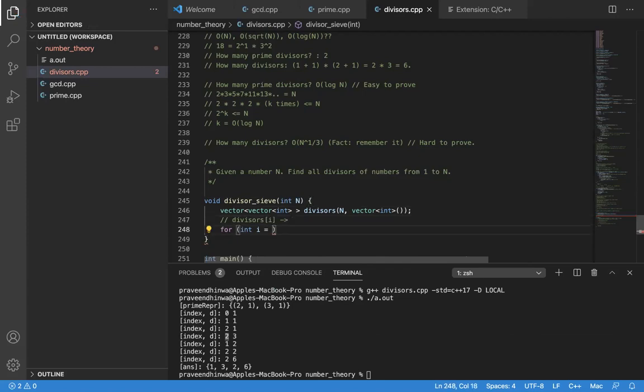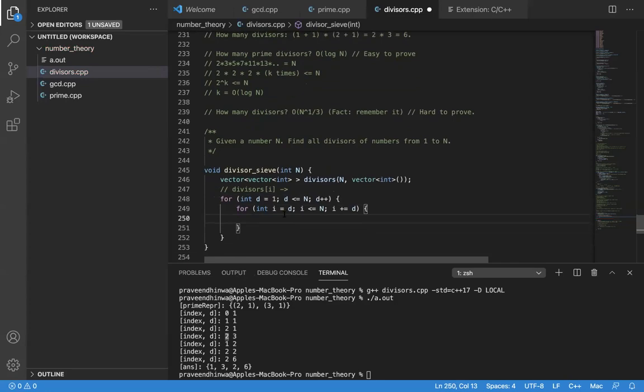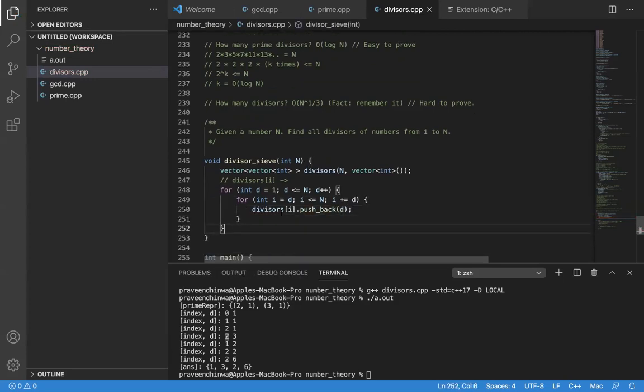So I'll start from d equal to 1, d less than n, d plus plus. Then whatever are multiples of d, i equal to d, i less than n, i plus equal to d. Then divisors of i dot push back d. And so now you are done. At this point you are done.